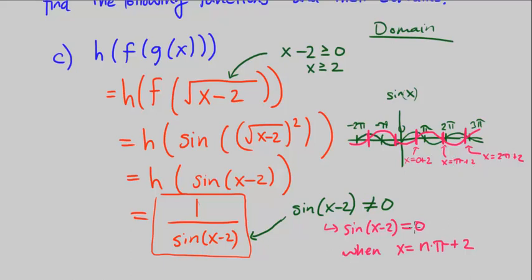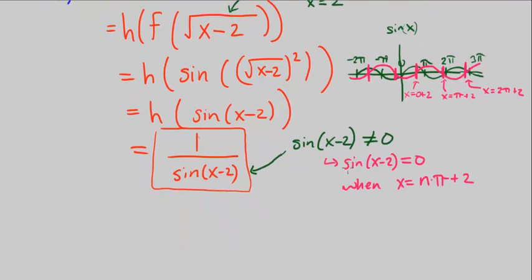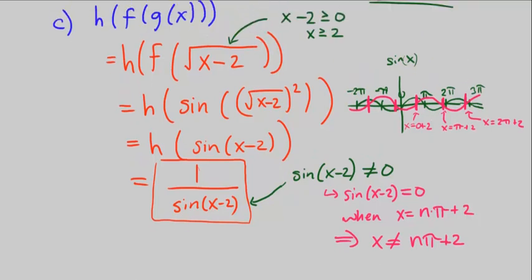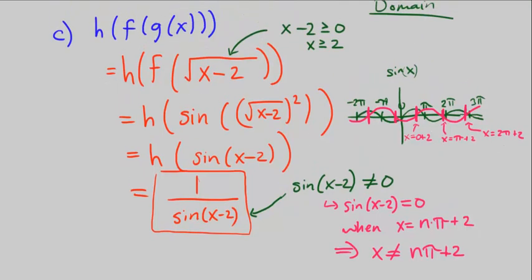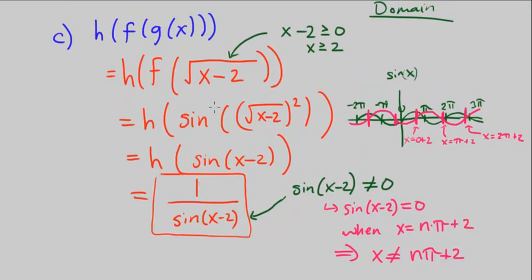Everywhere it hits the x-axis is n pi plus 2. So saying that the denominator cannot equal 0 means, therefore, x cannot equal n pi plus 2. This is a new restriction because of this.